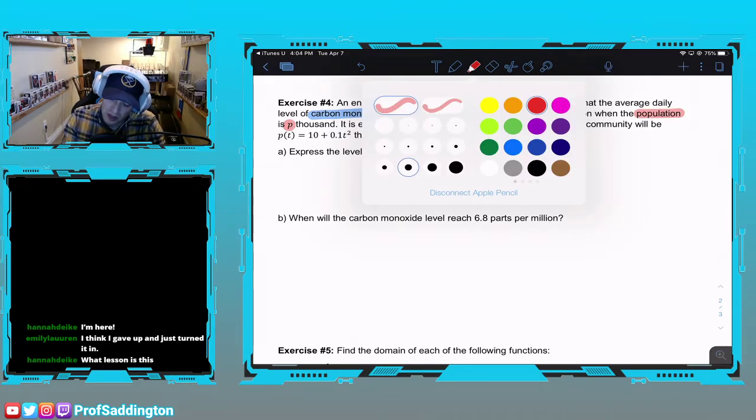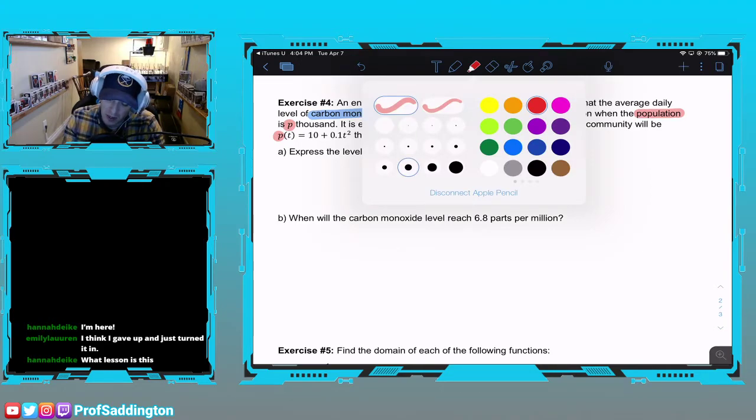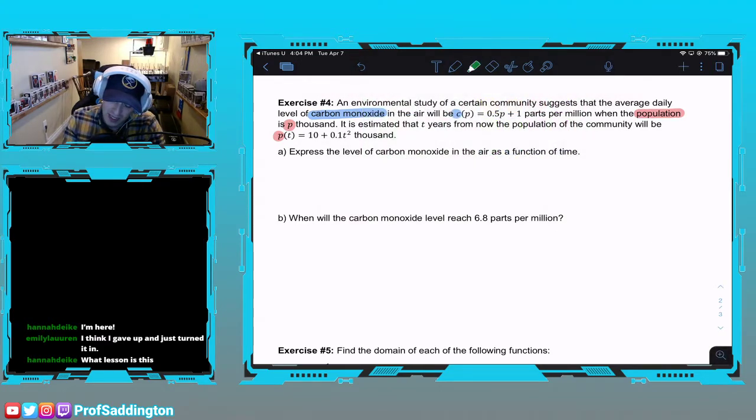And P is technically twice because we also have a P right there inside that equation. And then the last part we have is T, which is representing years. So those are the 3 things. They want us to write this answer as a function of time. So that means the final answer has to have T inside of it.